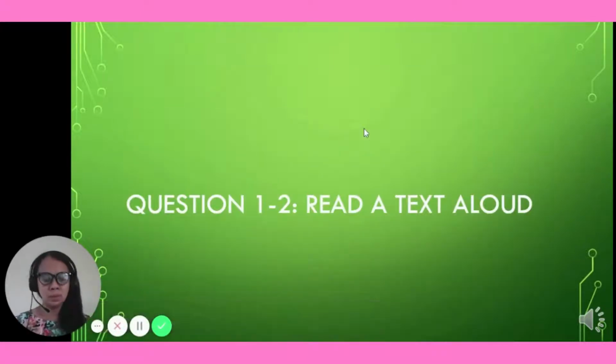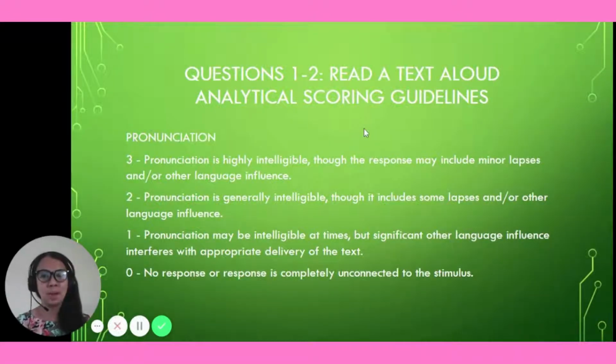Now, in the previous video, we listened to some sample responses of some test takers, and we also talked about the analytical scoring guidelines. Just a quick review for pronunciation. The score of 3 means pronunciation is highly intelligible, with the response including minor lapses and/or other language influence. 2.